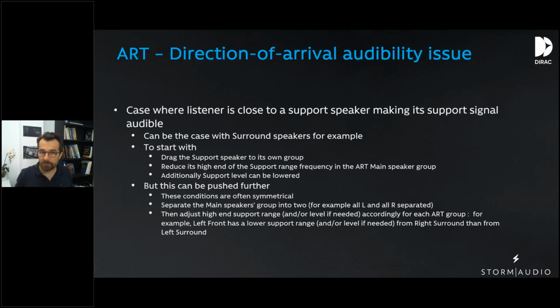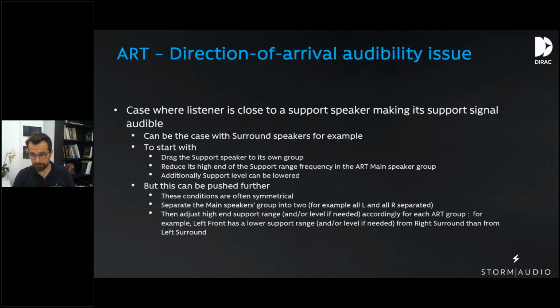So this is also something that you can do. If you want to do that, you have to separate all your different speakers in different groups, and then manually adjust the support, both frequency and level, to match what you're looking for.